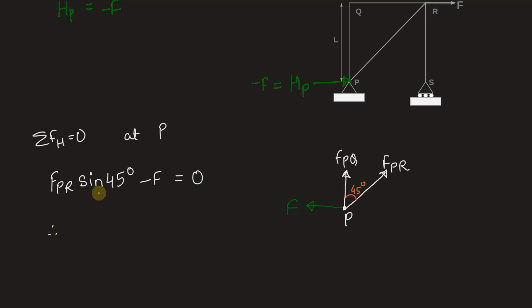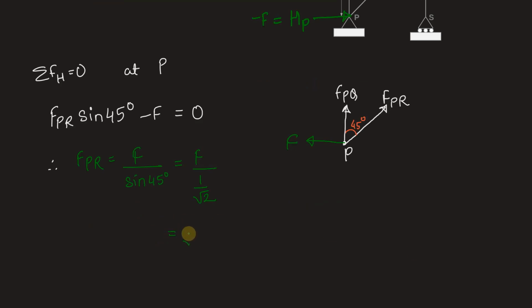These are all the horizontal forces at joint P. Hence, from this we can find FPR to be F upon sine 45 degree. After putting the value of sine 45 degree, we have F upon 1 by root 2, which amounts to root 2F. Now what is the sign of this force?